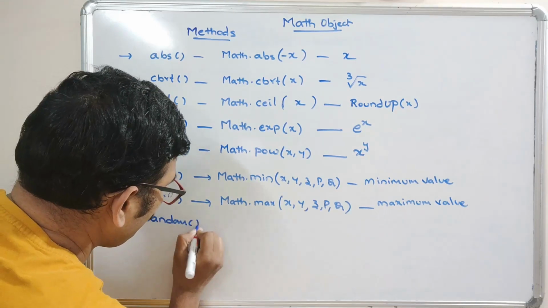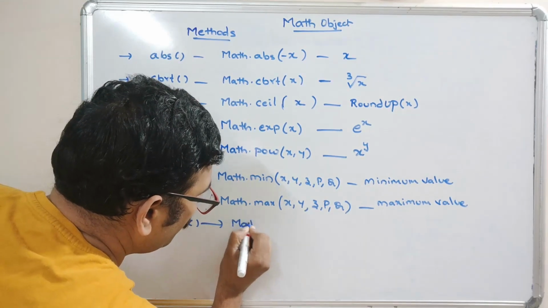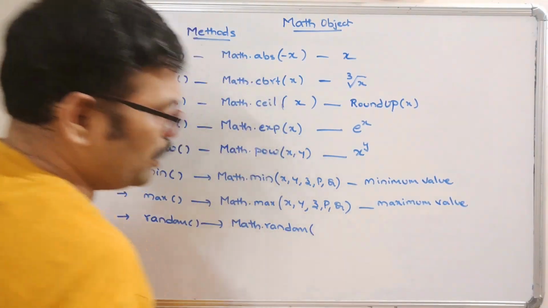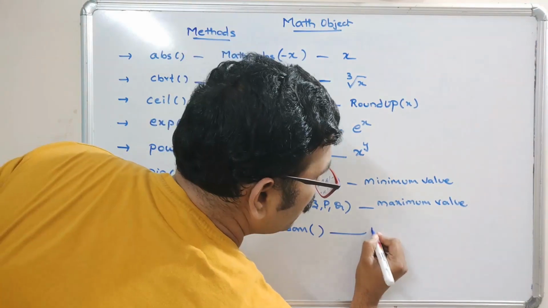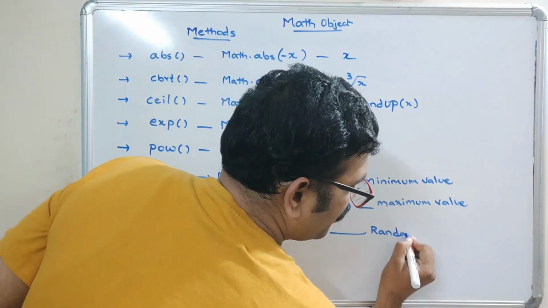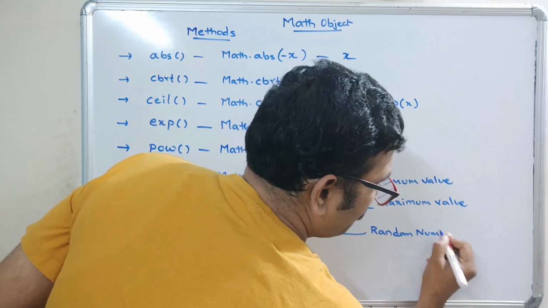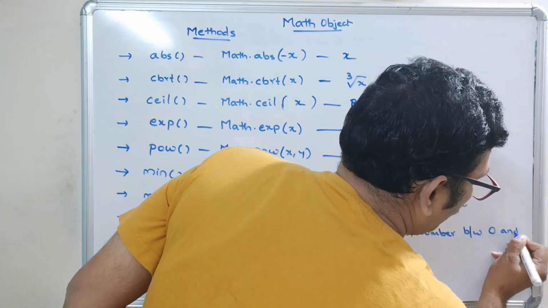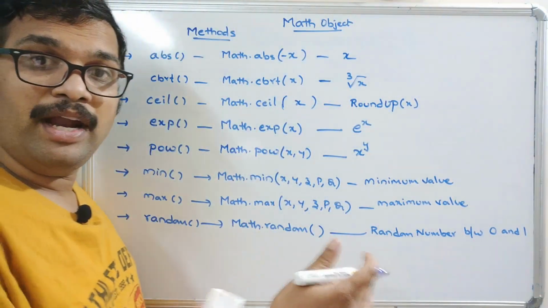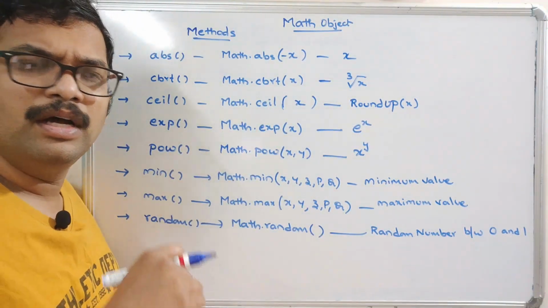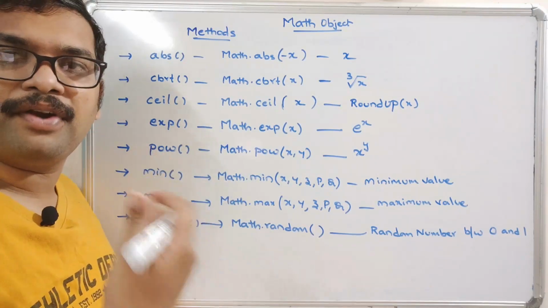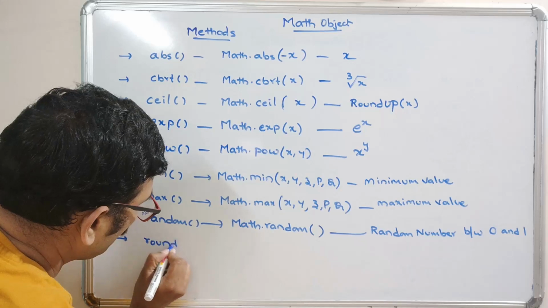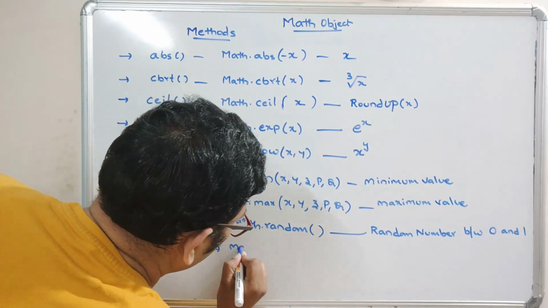Random. For this also we have to call Math.random. This will give a random number between 0 and 1. If we keep on executing this one, we'll get different results. Next one, the round function.